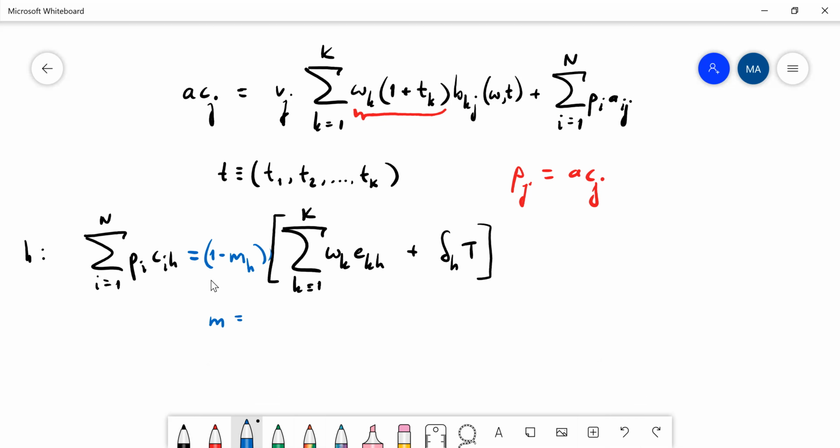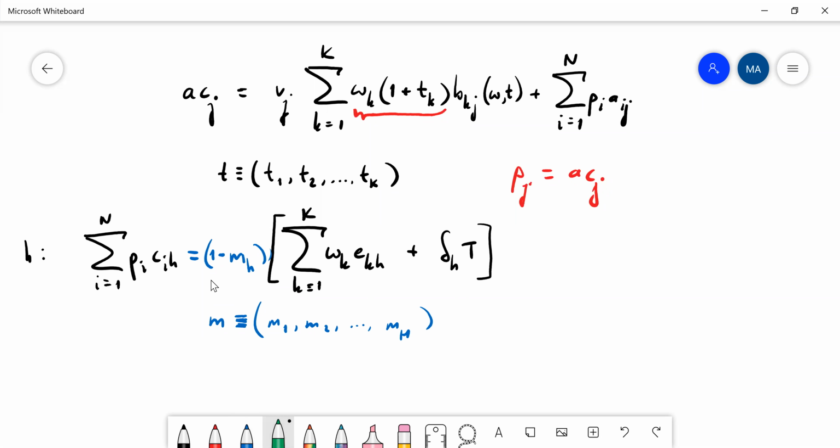So when I write M, I basically mean M1, M2, MH. From each household, we take MH of their income, okay? And we are doing that after the transfer, okay?